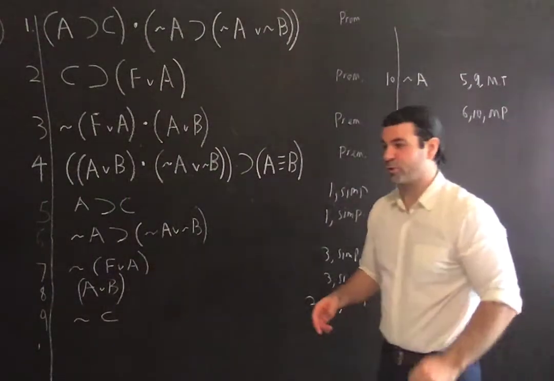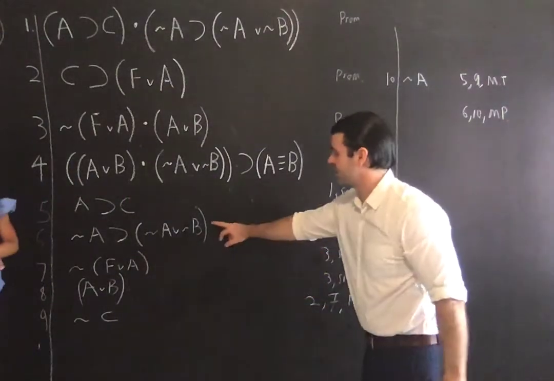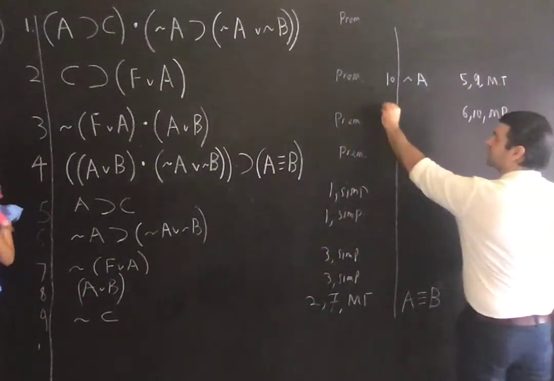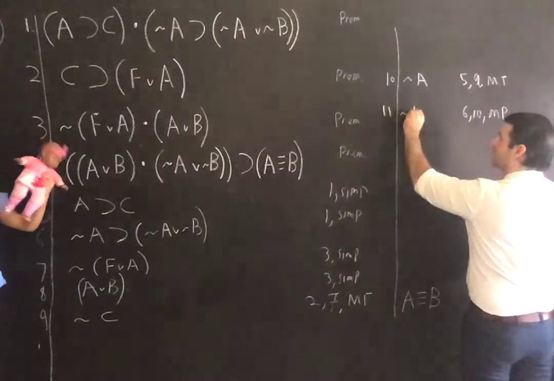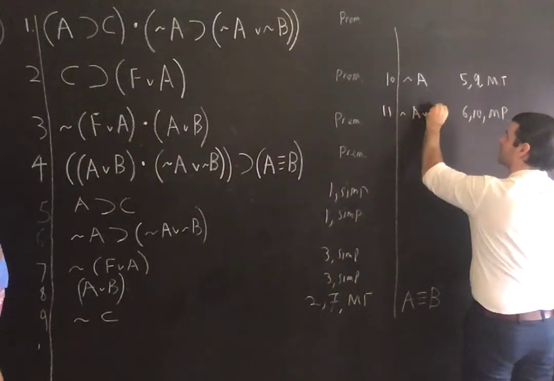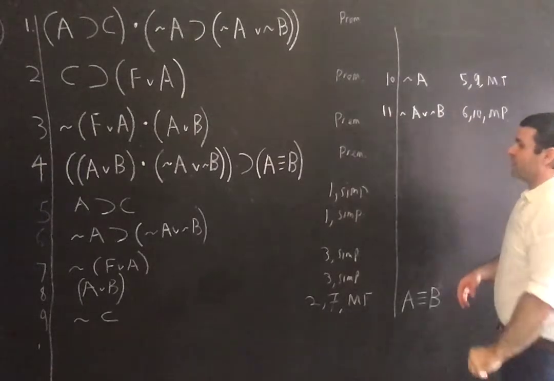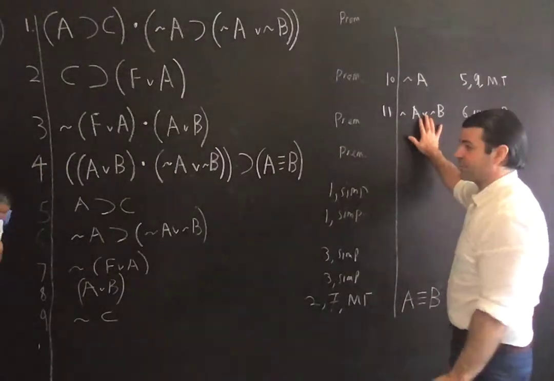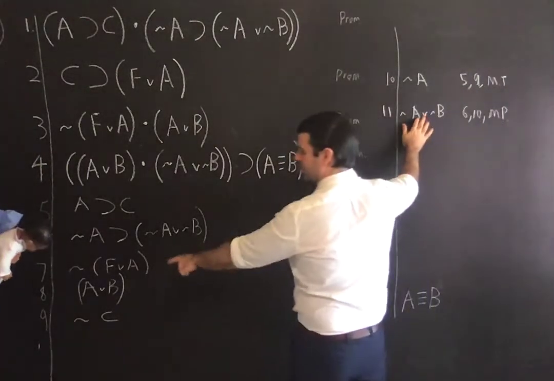Again, you could also do addition here to get this, but I'm doing this modus ponens, not A or not B. All right? Do I have the two conjuncts I need?